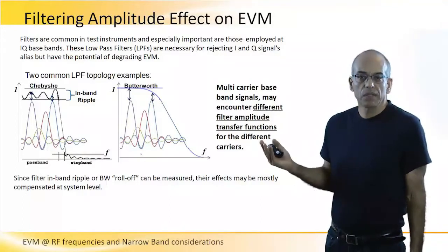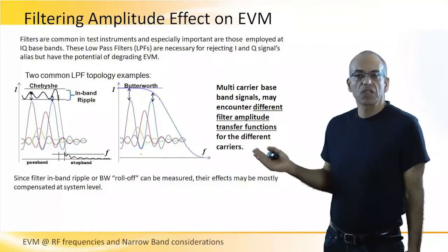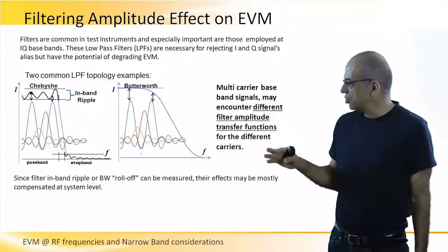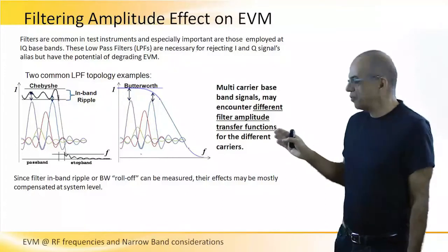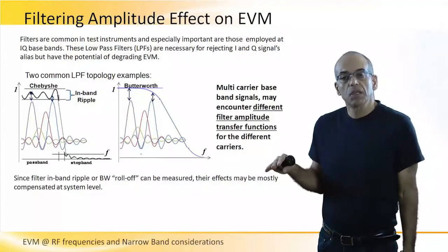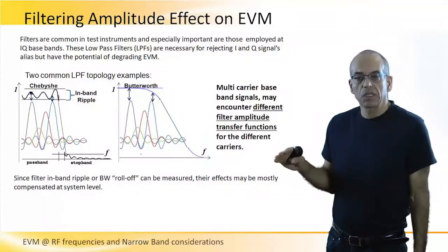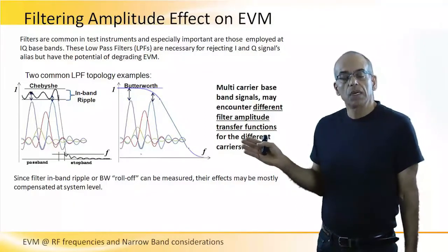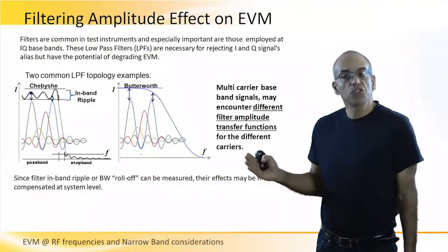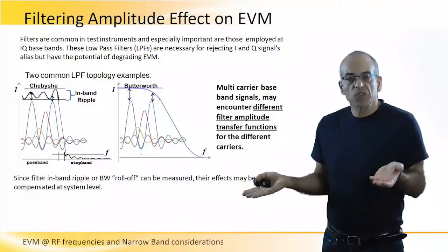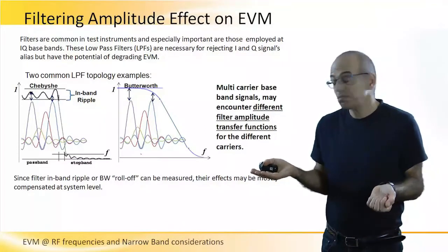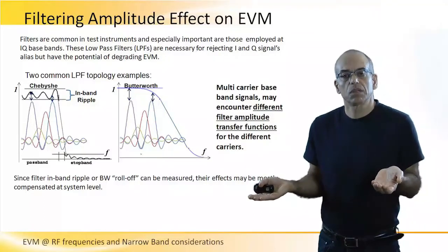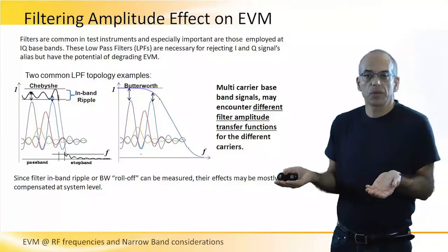Every different filter will have a different transfer function, but it is clear from the shape that the Chebyshev will have some ripple, while a Butterworth will have a smoother shape, but the amplitude in lower frequencies will be a little bit higher than the amplitude closer to the band edge, and so different subcarriers will get different gain, which of course impairs the original information carried by the respective subsymbol.